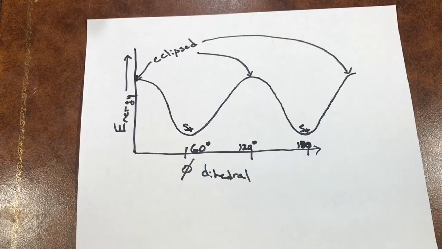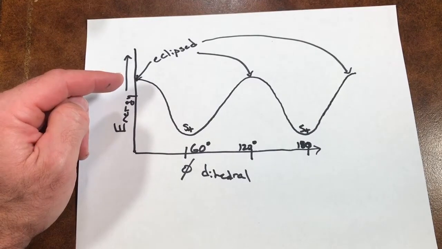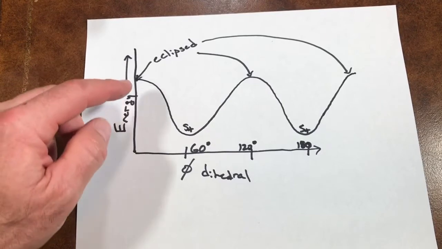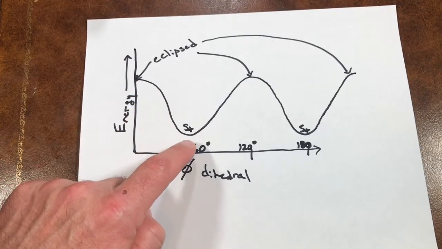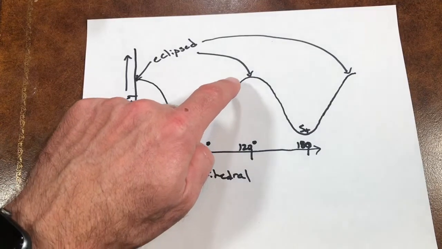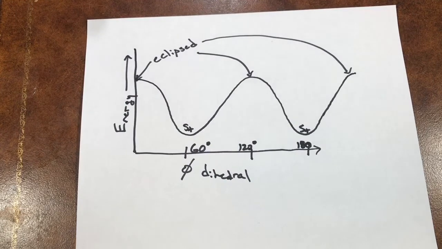Here's just an abbreviated energy surface. And what you can see is, at least the way that I started us off here, it resembles a cosine wave. And as we rotate along that dihedral, you'll notice that our energy goes down, and then the energy goes back up, the energy goes down, and it just has this repeating pattern.